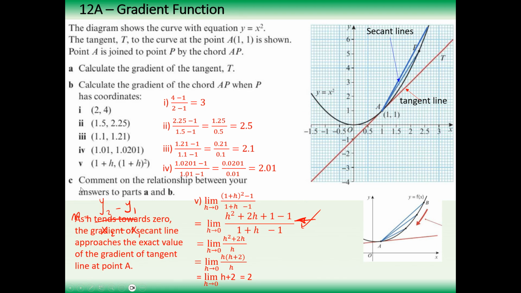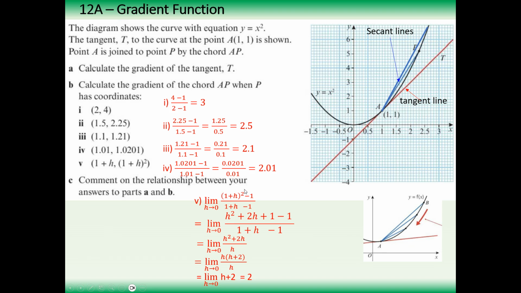Part C asks us to comment on the relationship between your answer and parts A and B. So calculate the gradient of the tangent, here T. We were supposed to do part A with the triangle ourselves, draw a triangle.